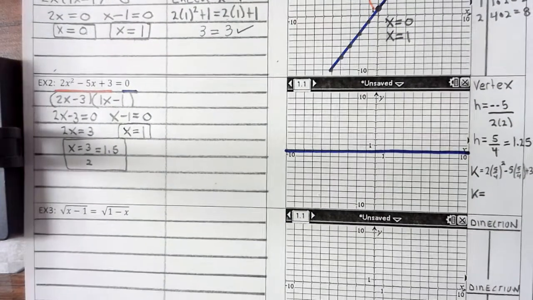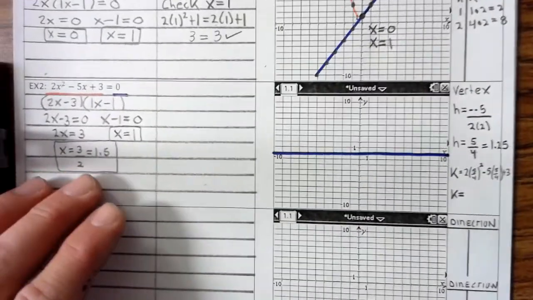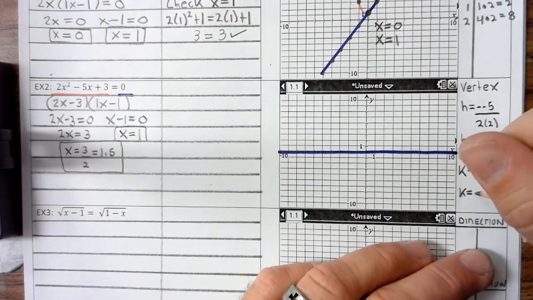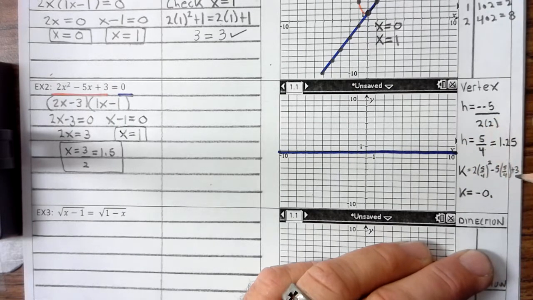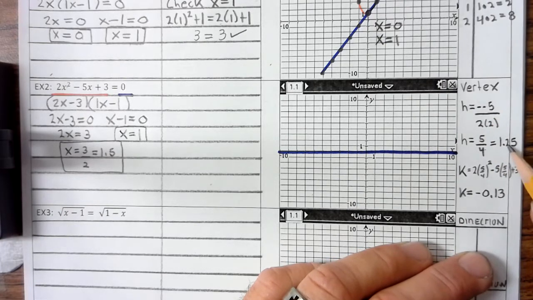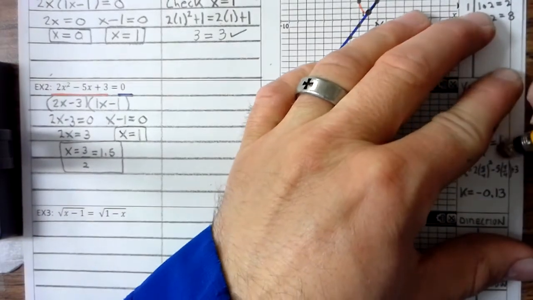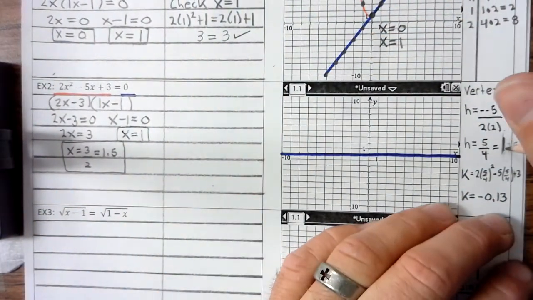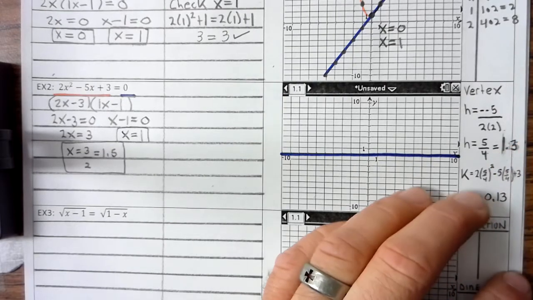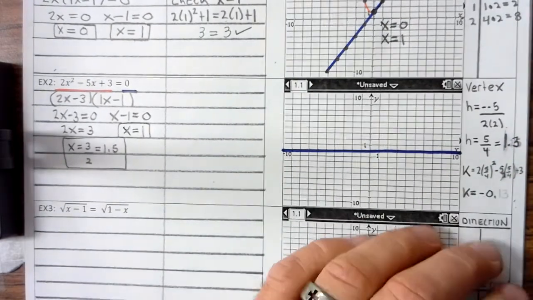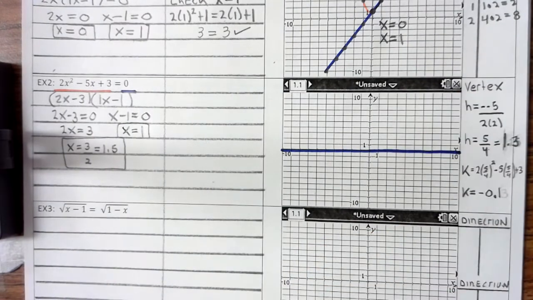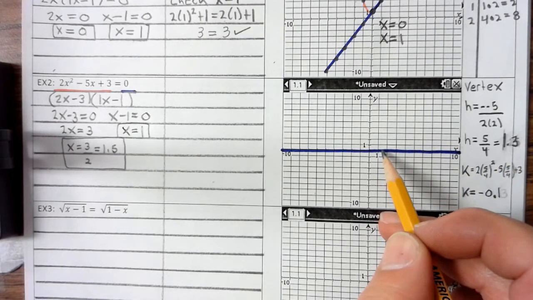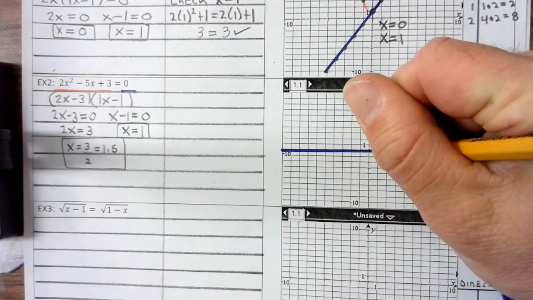So k equals -0.13. And really, I should have just made this simpler by rounding to one decimal place. So 1.25 is 1.3, and -0.13 is -0.1. So we're just approximating a vertex. So we go to the right 1.3, which is about right here, and negative 0.1, about right there.